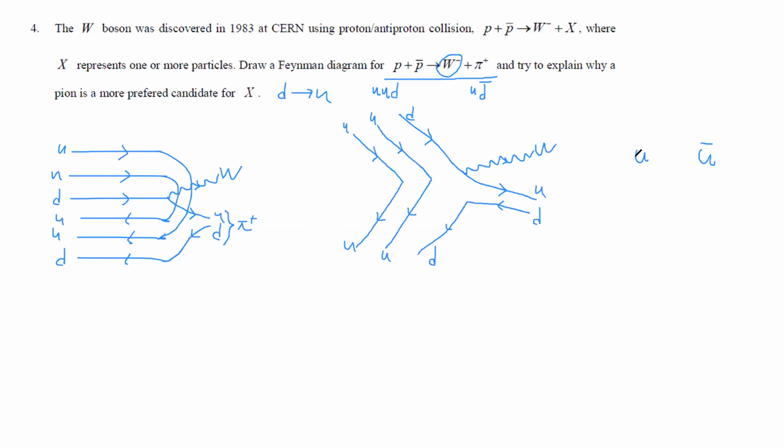So this will violate energy conservation, and so we have to add some additional gluon lines in this vertex, so that the U and U bar can annihilate to give out some energy.